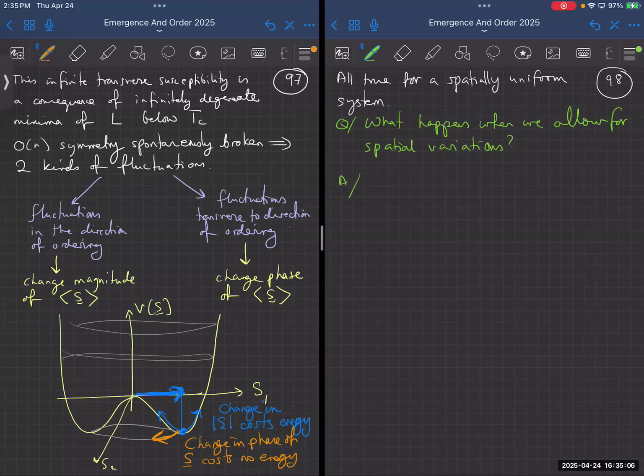The modes whose energy spectrum E of k goes to 0 as k goes to 0, those are known as Goldstone modes. I'm going to correct this statement in a minute, so don't believe it for now. So let's ask ourselves the question. Okay, great, that's a name. So let's try to see some examples.